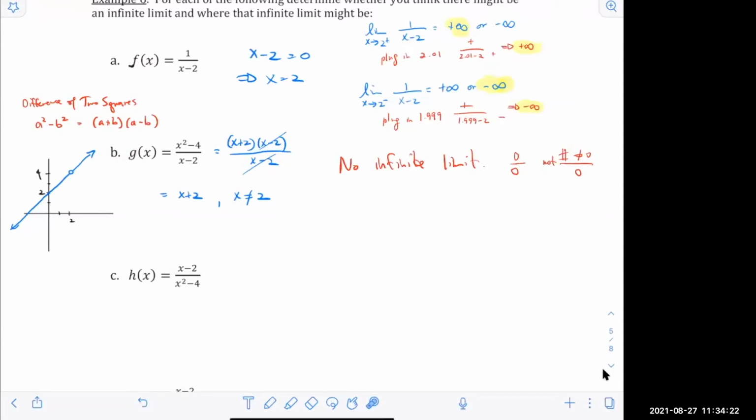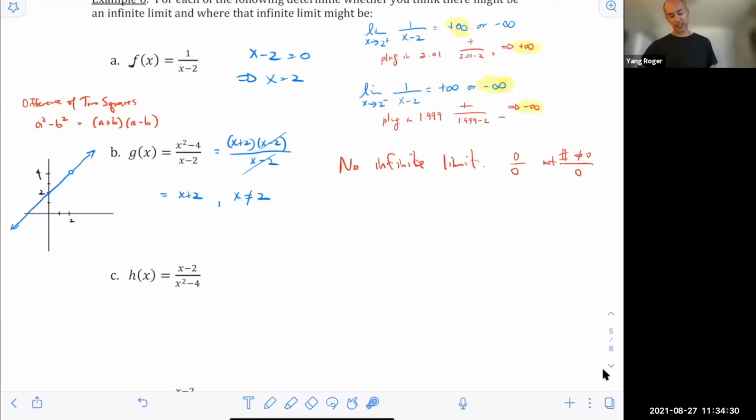I have a question. Yes, what's your question? Why is there an open dot, but the line still continues? The line still continues because this line is basically y equal to x plus 2. I said this is equal to x plus 2, so it's y equal to x plus 2.